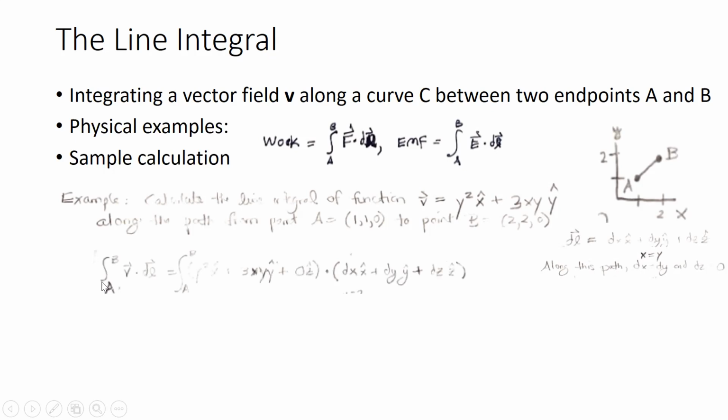So let's start with the line integral. It's the integral from A to B of v dot dl, as we've already said. Plugging in v here, we have y squared x hat plus 3xy y hat, and I've put in a plus 0 times z hat here just for good measure, dotted with the differential dl, which is dx x hat plus dy y hat plus dz z hat.